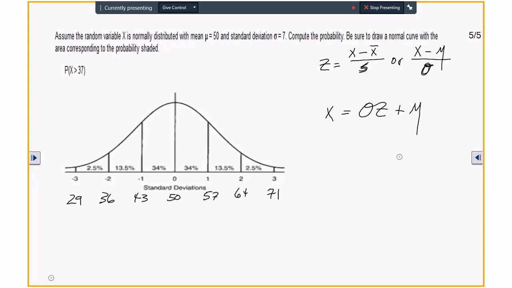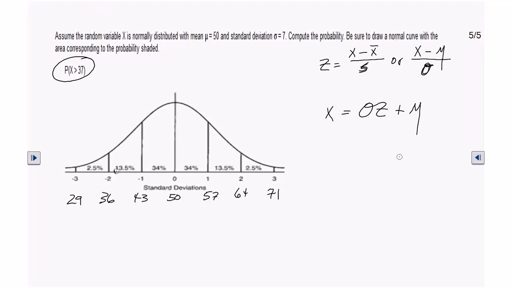It says, assume so on and so forth. Compute the probability. Be sure to draw a normal curve. This says the probability of x being greater than 37. So 36 to 43 is 7, 1, 2, 3, 4, 5, 6, 7.